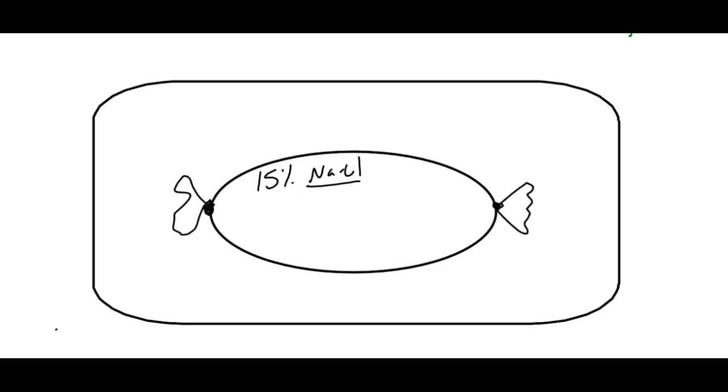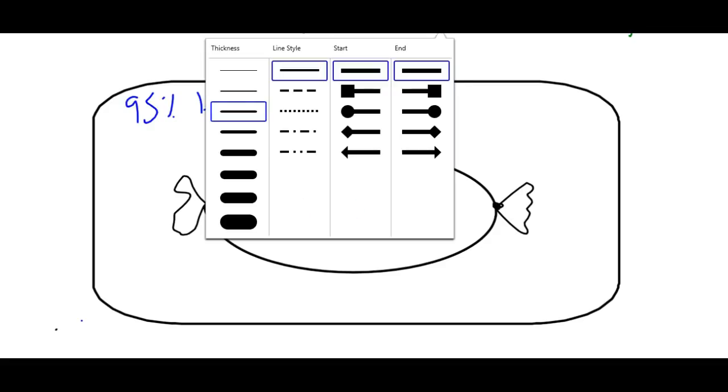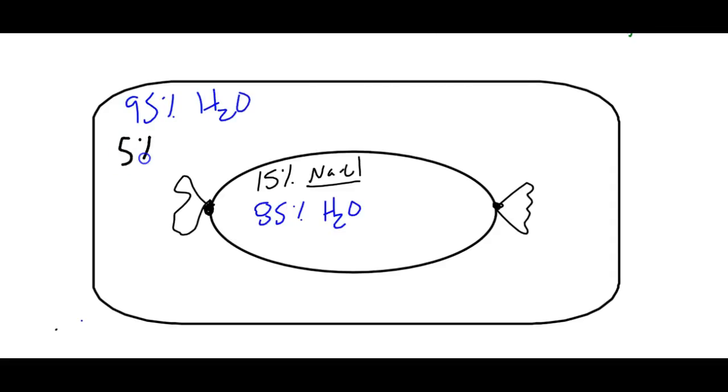If we have 15% NaCl in the bag, then we probably have 85% water, which makes up the difference between 15 and 100%. On the outside of the bag, let's assume we put 95% H2O in the environment, and we also put 5% NaCl outside the starch weenie in this environment.